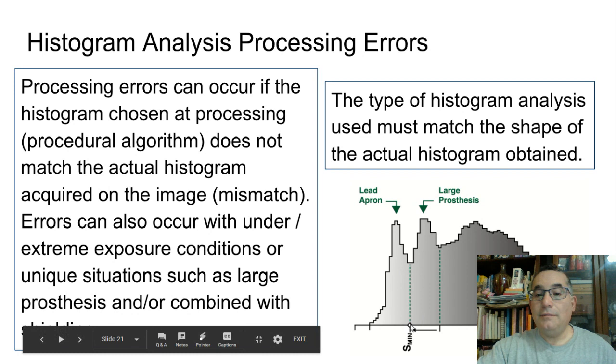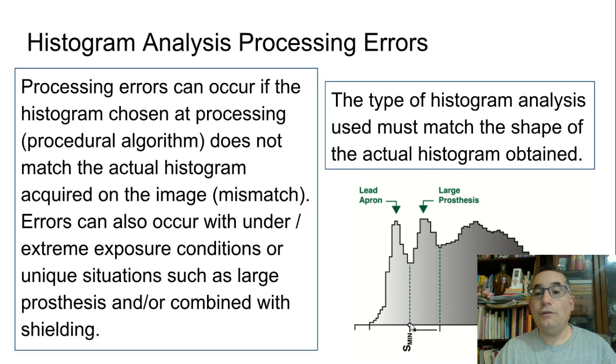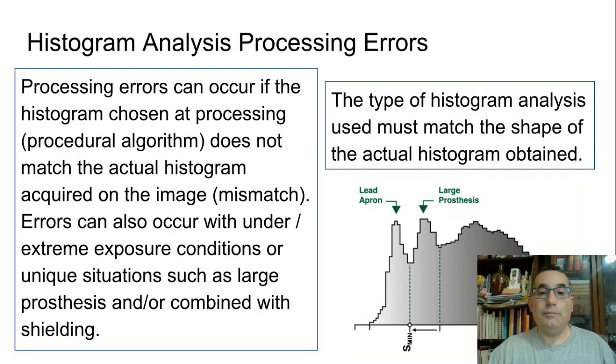So the S min does not include the lead apron, but it does include the prosthesis, which can potentially throw off our overall contrast and brightness of the image. So in other words, the system doesn't always work perfectly, which is why we have to be careful, especially when we're working with patients that have a prosthesis.